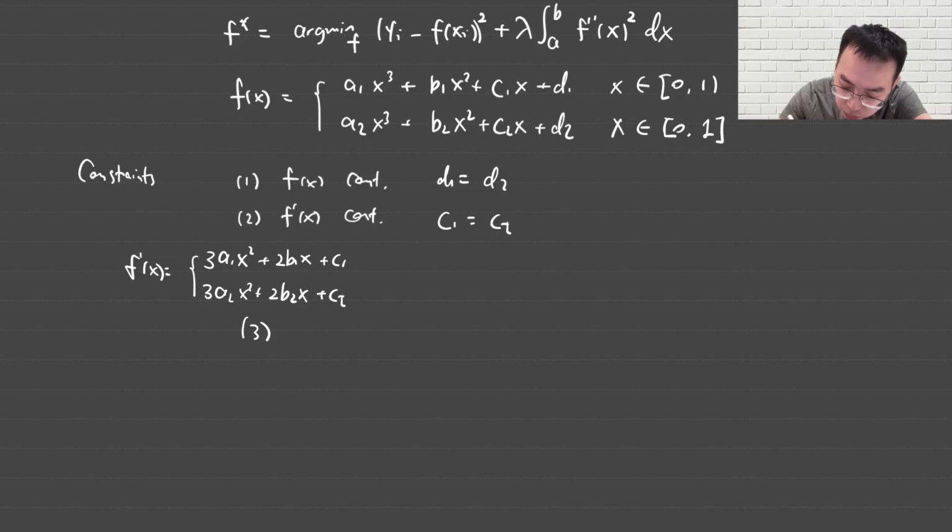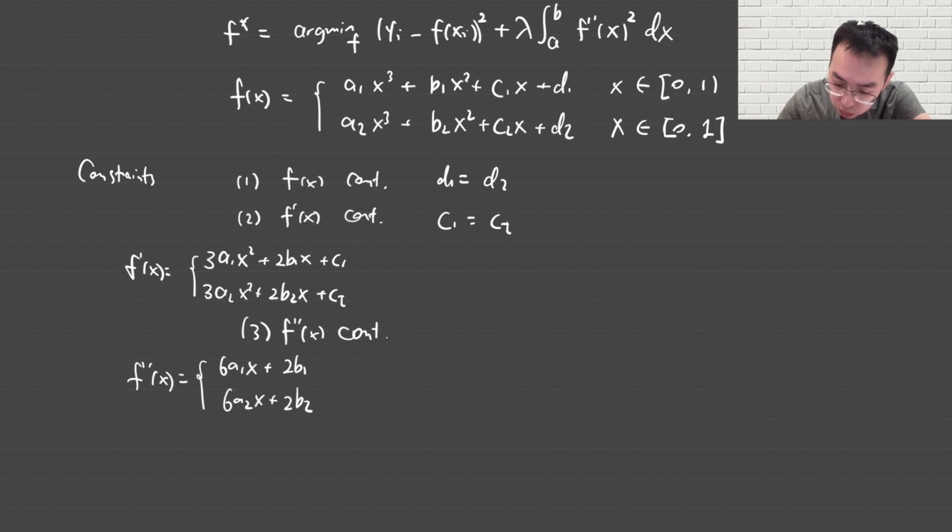Then we have f prime prime to be continuous: 6a1x plus 2b1 equals 6a2x plus 2b2. So this means b1 equals b2. Those are the three continuity conditions.